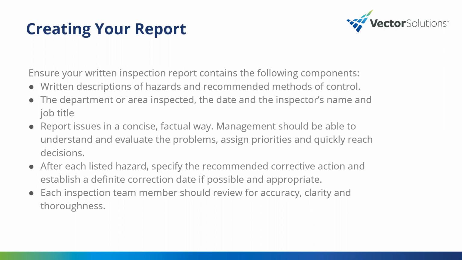It's important to record any findings and issues in a concise and factual way. Management, as well as any employee, really should be able to understand and evaluate the problems, assign priorities, and quickly reach decisions.